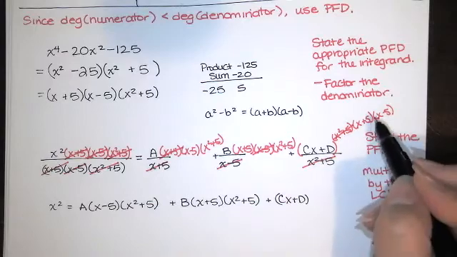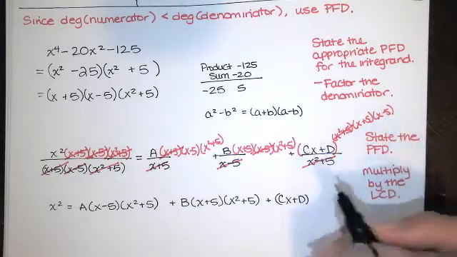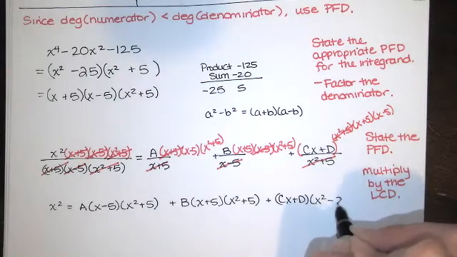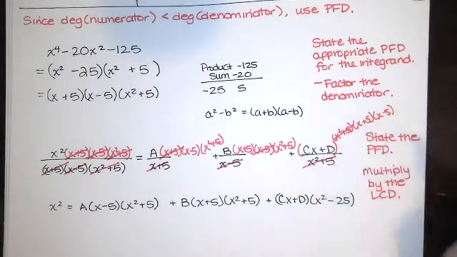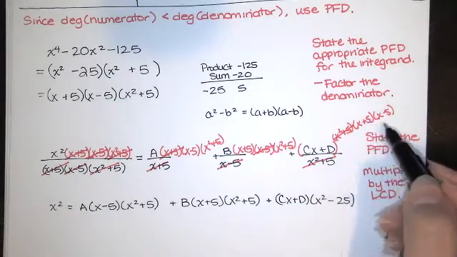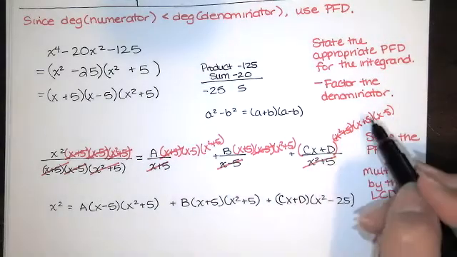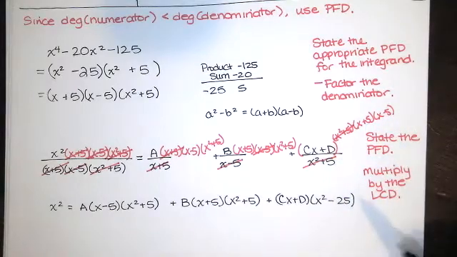To save myself a little bit of work, I'm going to distribute that right now. X plus 5 times x minus 5 simplifies to x squared minus 25. And if you don't believe me, FOIL, first times first is x squared, outer times outer is negative 5x, inner times inner is positive 5x, negative 5x plus positive 5x is 0x, the x's are gone. And then we've got that negative 25 on the end.